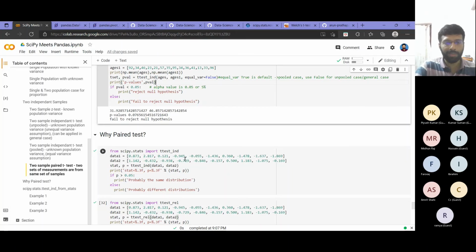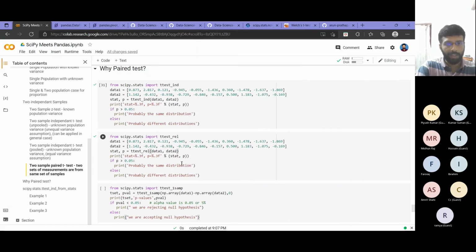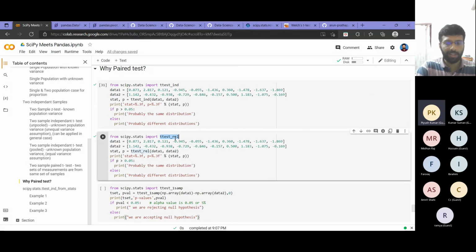That is what happens in a paired t-test. If you want to do this in Python, two options are there. One is you can use the one sample t-test that we saw earlier and pass the difference between the two data to that. Or there is a different call, ttest_rel, which will give you the paired t-test.